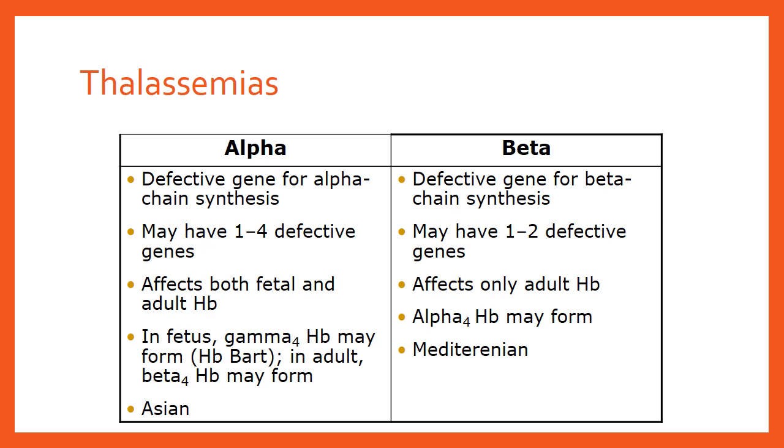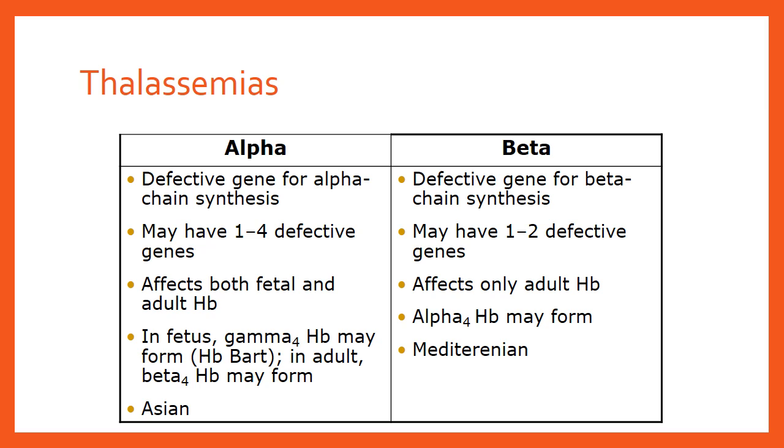Alpha thalassemia in a newborn can be quite a severe manifestation. When all the alpha chains are deleted and the baby only has gamma chains, from fetal hemoglobin, Hb Bart is created, so gamma 4 hemoglobin.